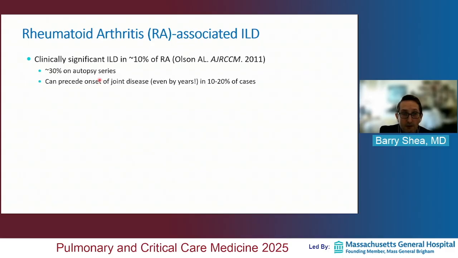And it has been well described that the ILD can precede the onset of joint disease in RA, sometimes by years. Some of the main risk factors are older age and smoking. There are some genetic abnormalities that have been associated with development of ILD in RA, including the MUC5B polymorphism, which is known to be a major risk factor for developing idiopathic pulmonary fibrosis.